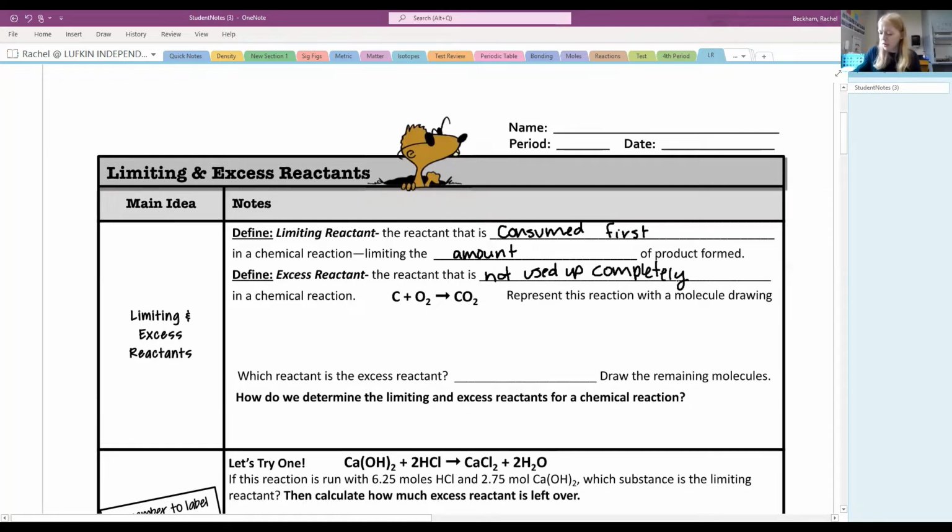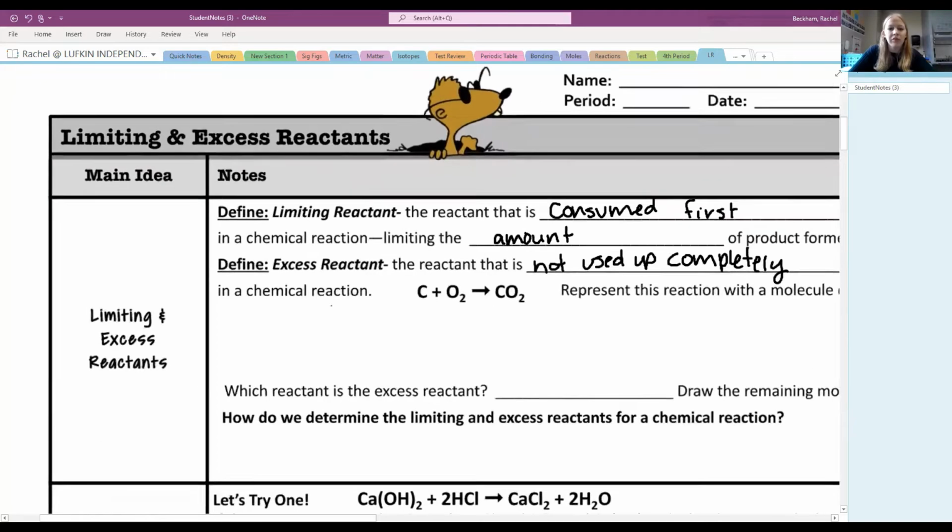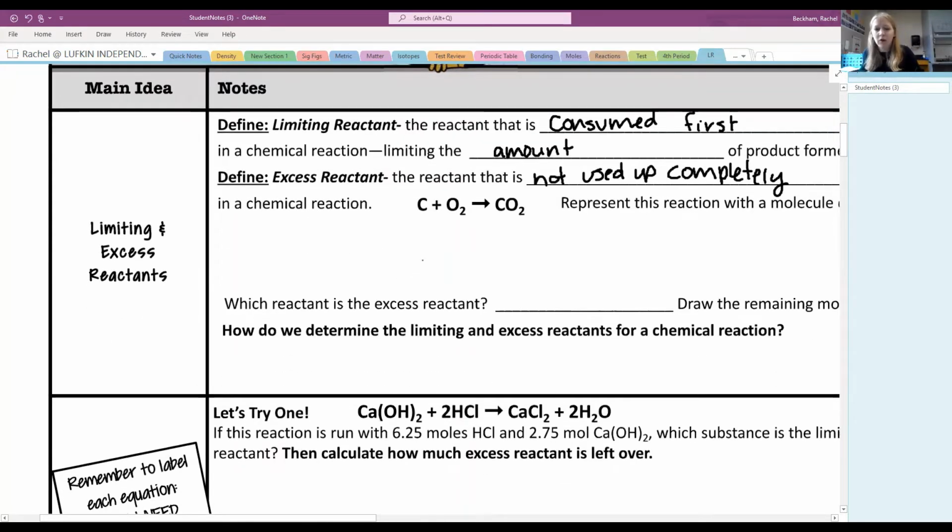Okay? So we can draw a picture to kind of show an example of this with this reaction right here. We've got carbon and oxygen making CO2. So let's pretend that we have 5 carbons. We'll make carbon black. 1, 2, 3, 4, 5, okay? And let's say that we have 7 oxygens, and oxygen is like O2, right?